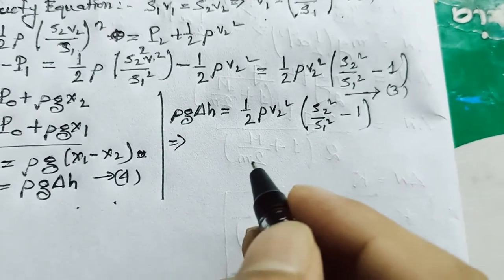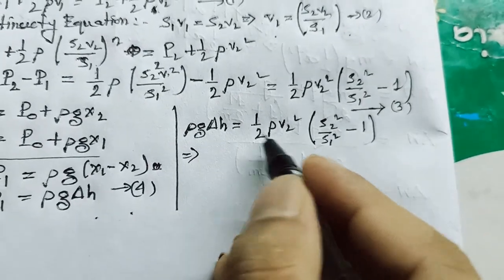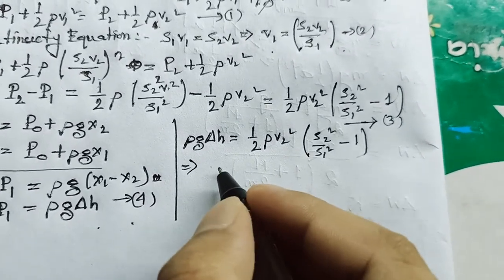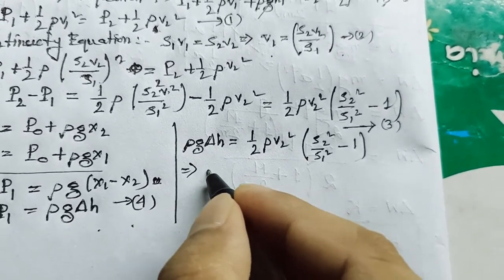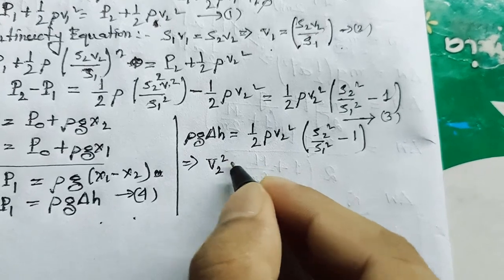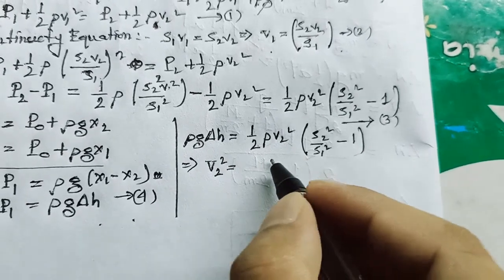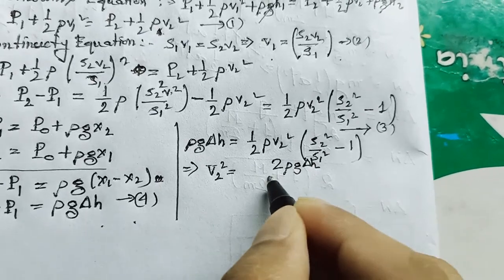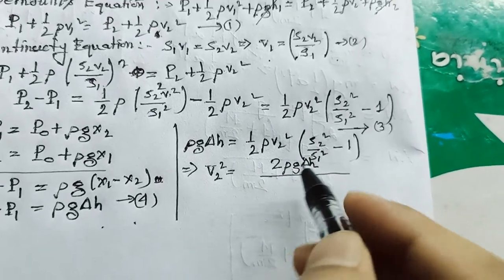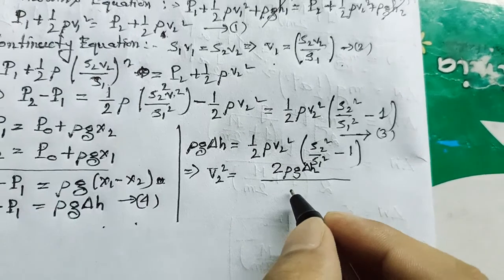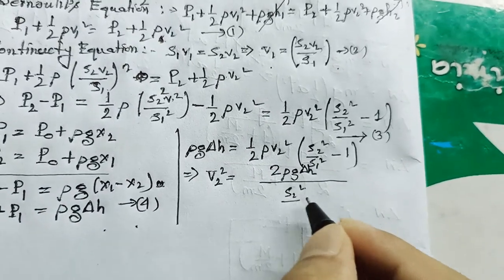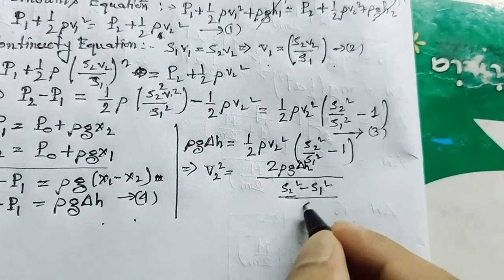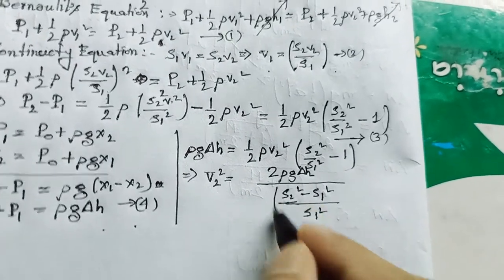For finding that quantity, we'll cross multiply. So V2 square will be equal to 2 rho g del H divided by (S2 square minus S1 square) divided by S1 square.